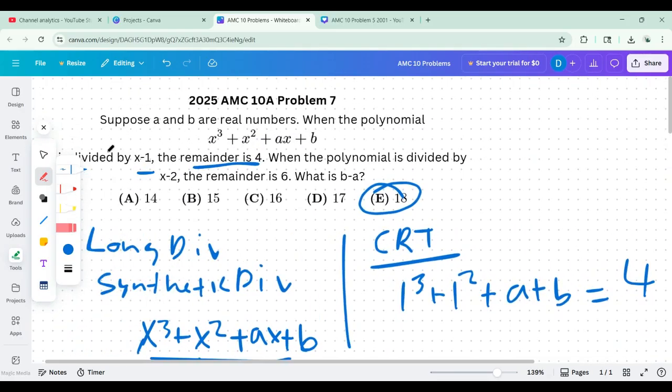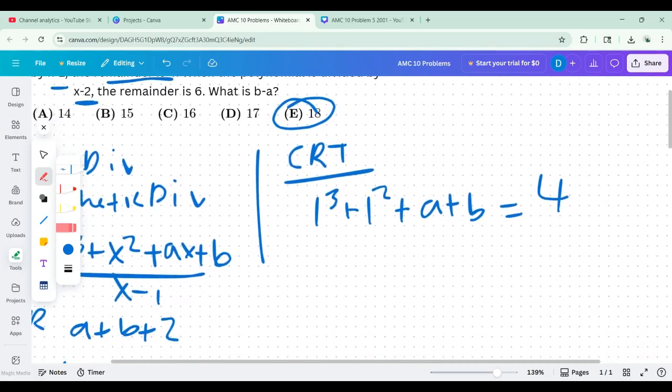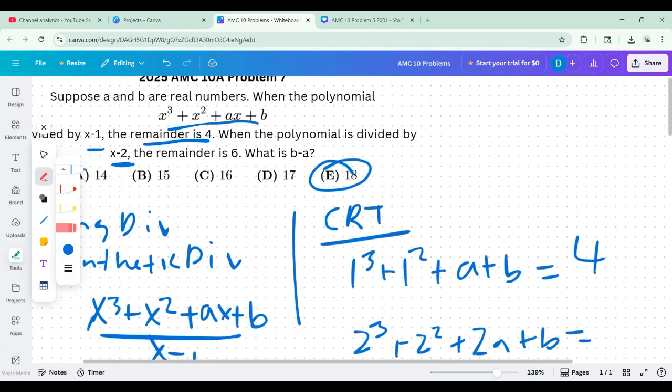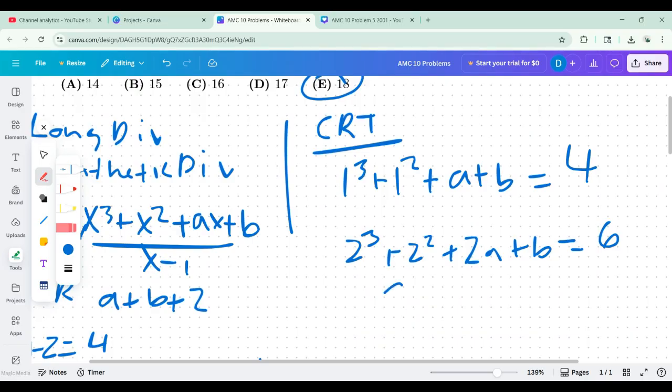And then we plug in 2 from x minus 2 into the equation again, and then we equate it to 6. So 2 cubed plus 2 squared plus 2a plus b is equal to 6. And we see that we have the same answer as before.